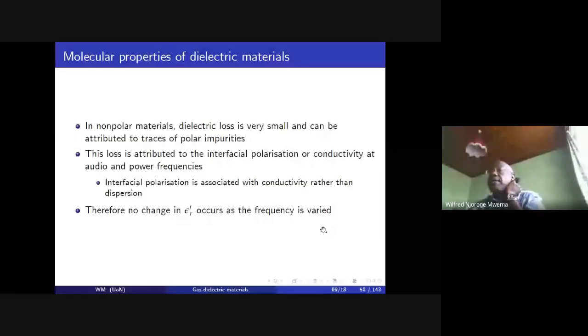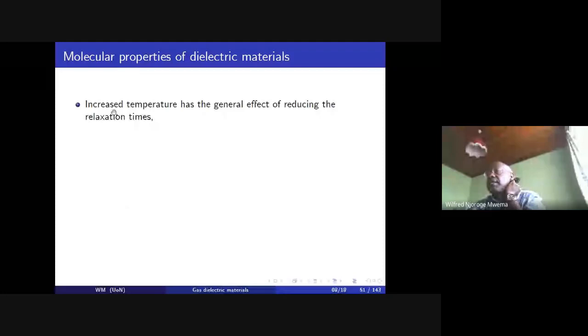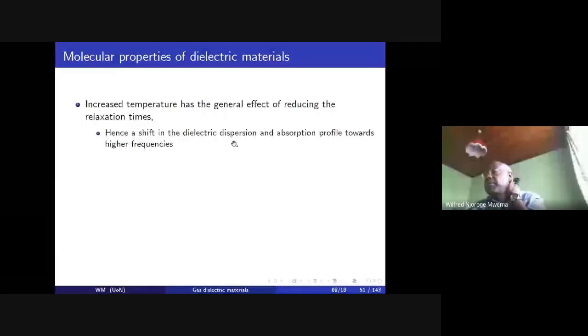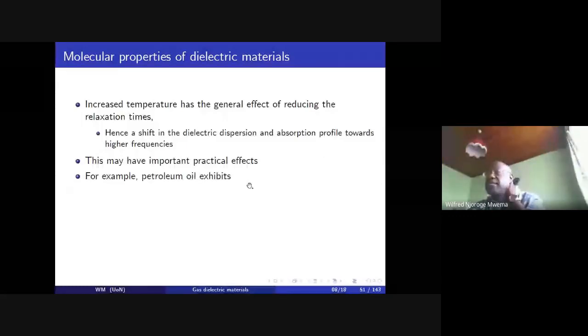So increased temperature has the general effect of reducing the relaxation times, and hence a shift in the dielectric dispersion and the absorption profile towards higher frequencies. And this may have important practical effects.